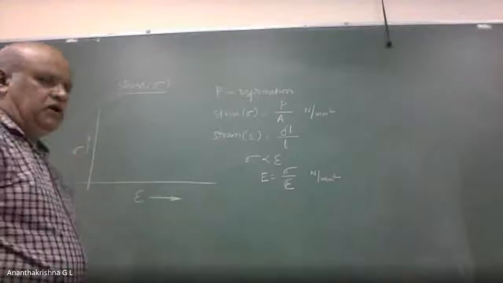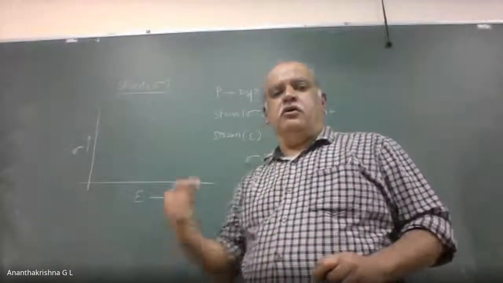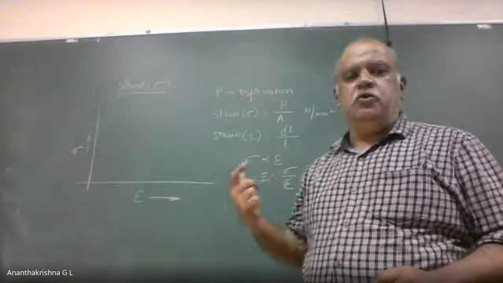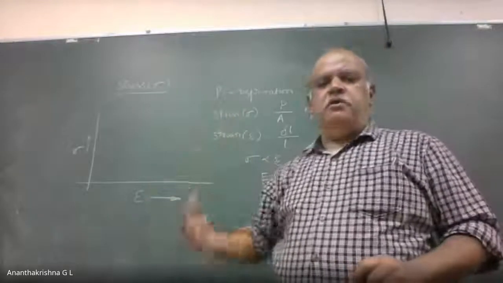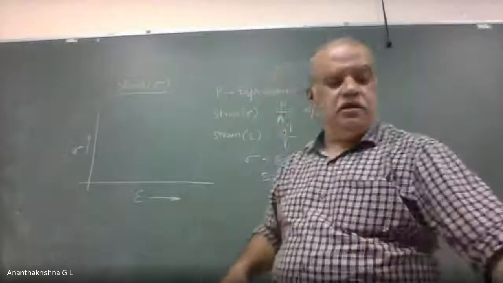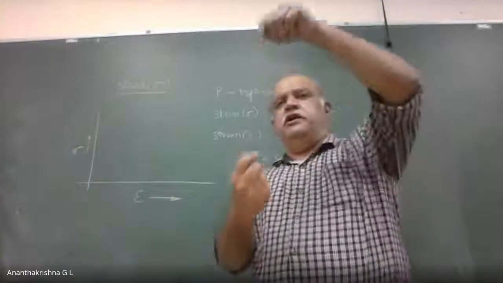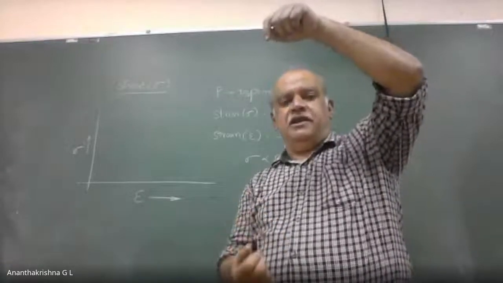So I take a member, then subject it to loads. This experiment we have done in our material testing lab using UTM. Initially we take the gauge length of the specimen, then hold it in the UTM, and then apply load axially.